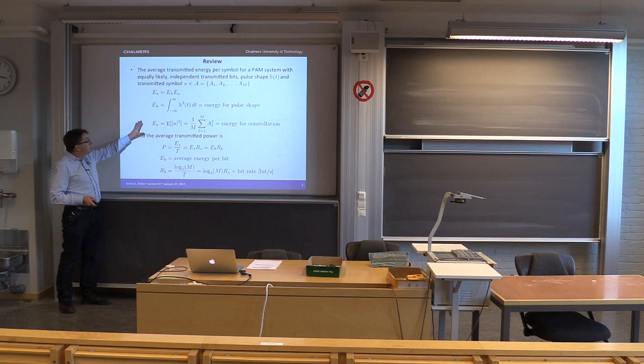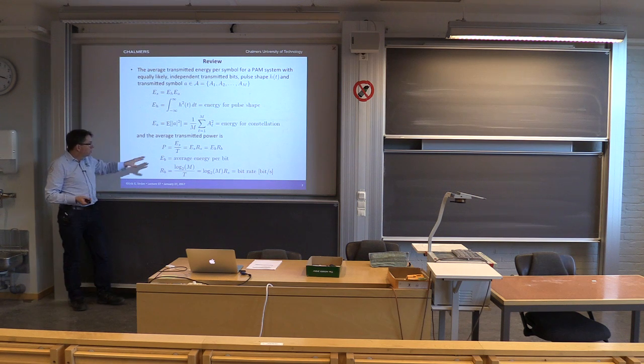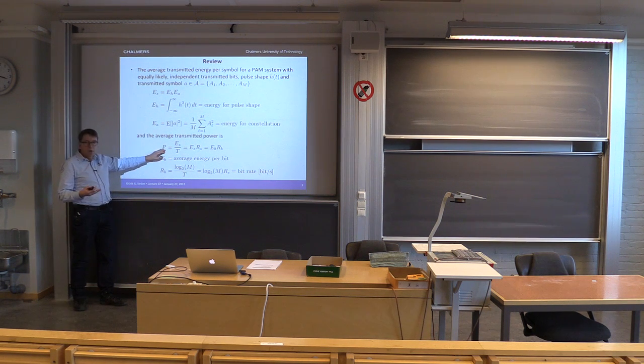And then we saw that given the energy per symbol, we can say something about the transmit power we need. How big of a power amplifier do we need at the transmitter side? In general, power is related to energy through time. So P is equal to E divided by T. This is a classical equation that shows up in many different shapes and forms. In this context, since this is the energy per symbol, what we should divide through by here is the time between symbols.